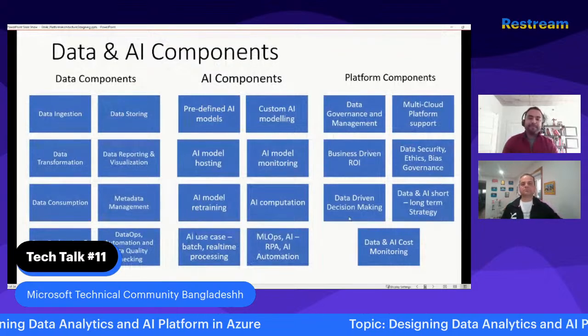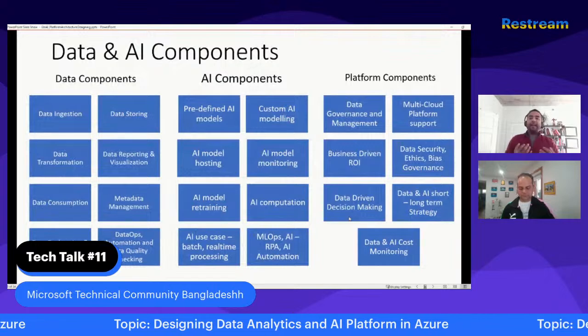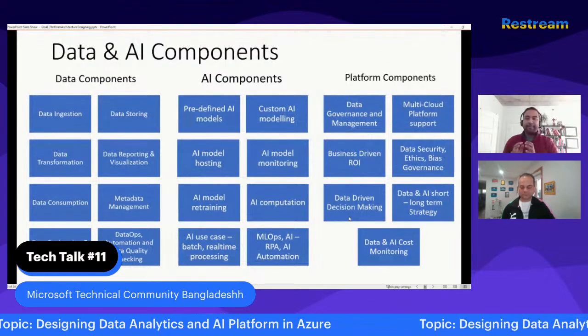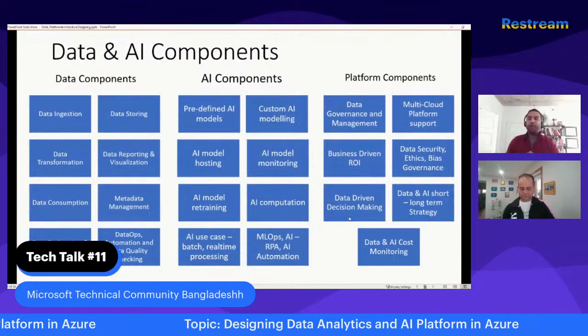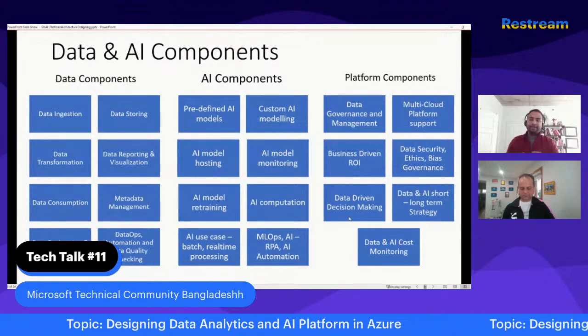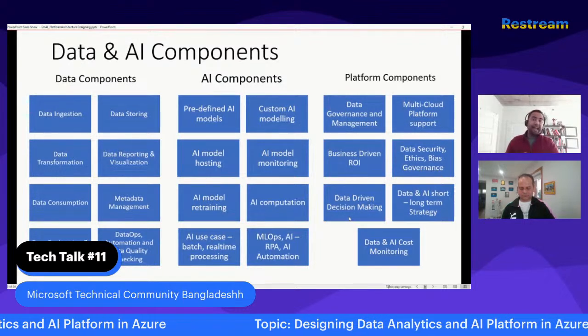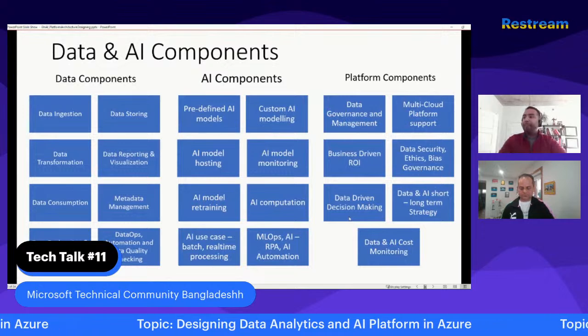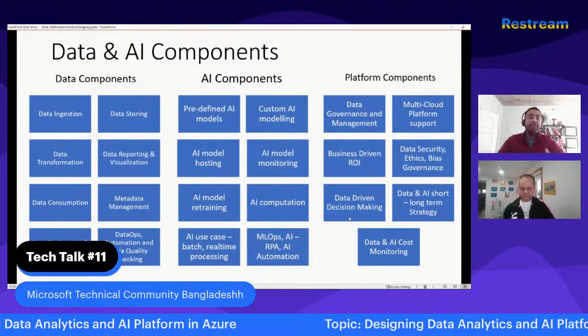So the first thing is, when we talk about data and AI, it's very easy to design something on a toy level or a smaller scale. But when we want to build something on a large scale, we need to think of scalability, cost efficiency, and all the other big topics like how the AI will be trained and how the model will be retrained.